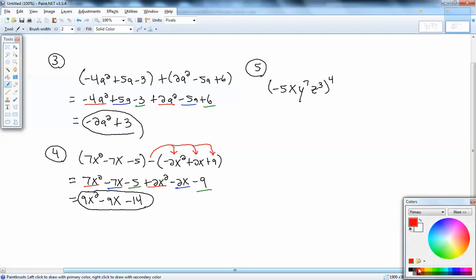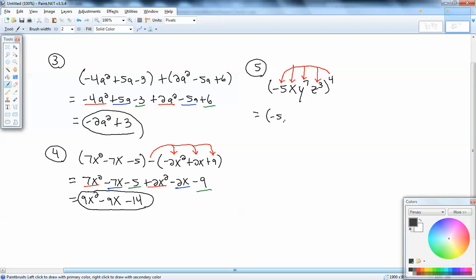Now, if everything inside of your parentheses is either multiplication or division, and you're raising the parentheses to a power, then you can take everything inside to the power. Well, everything inside here is either multiplication or division. We got negative 5 times x times y to the 7th times z to the 3rd. They should call this the distributive property of exponents, but we're going to take the negative 5 to the 4th power, the x to the 4th power, the y to the 7th to the 4th power, and the z to the 3rd to the 4th power.